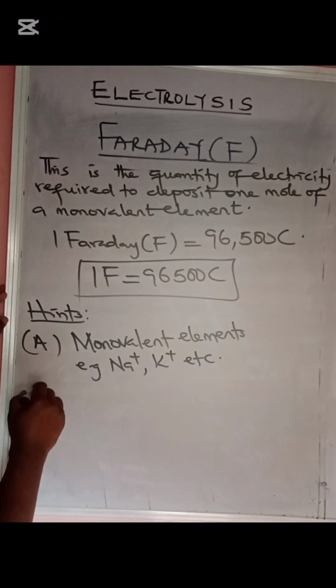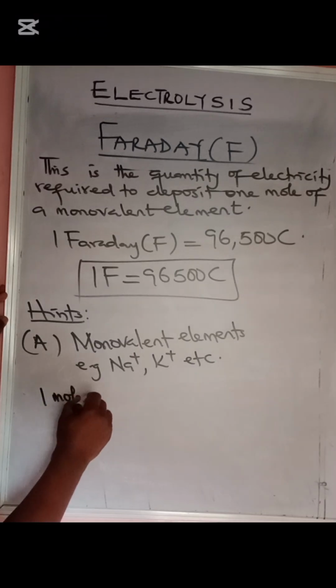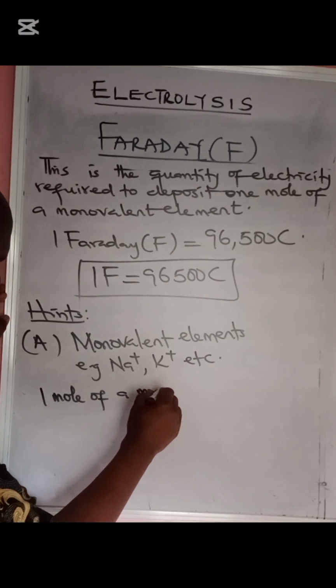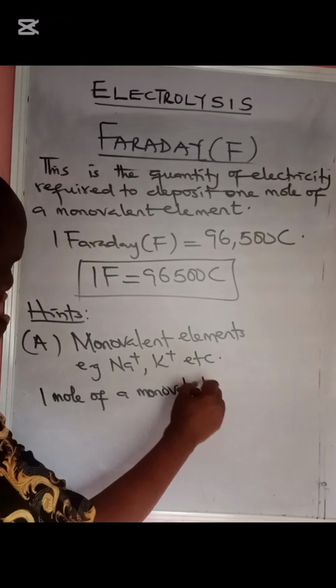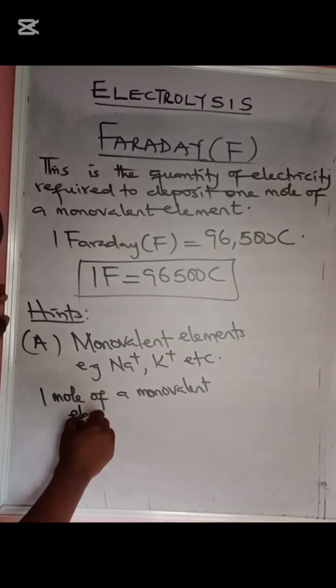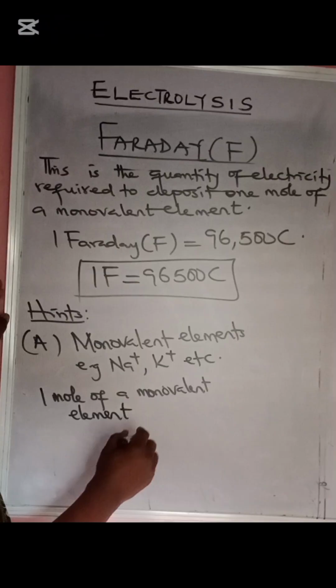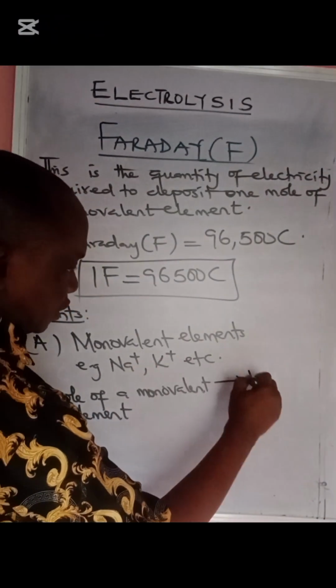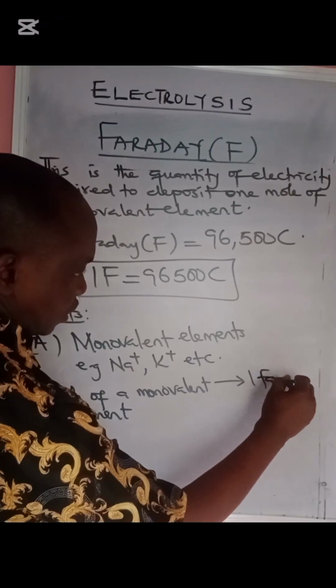So 1 mole of a monovalent element requires 1 Faraday.